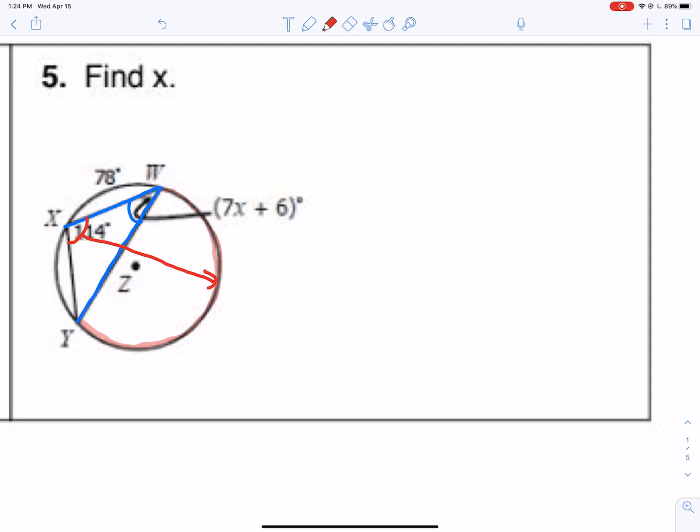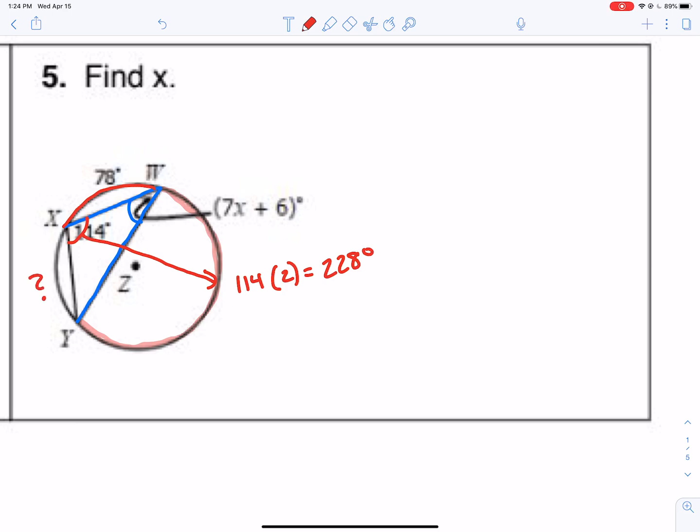So we need to say 114 times 2. So 114 times 2 would be 228 degrees. And then we have 78 degrees is arc XW. And that way we could figure out the missing piece over here.